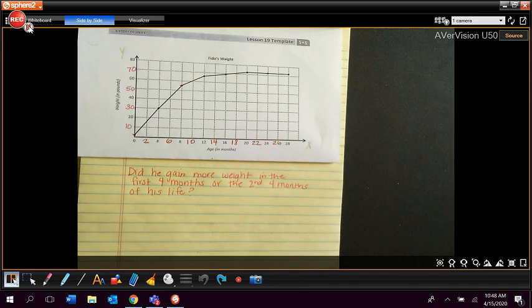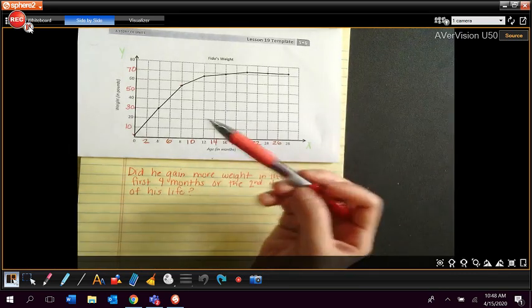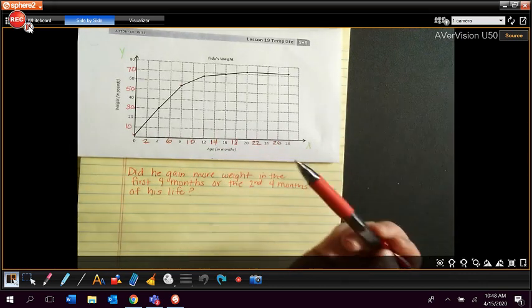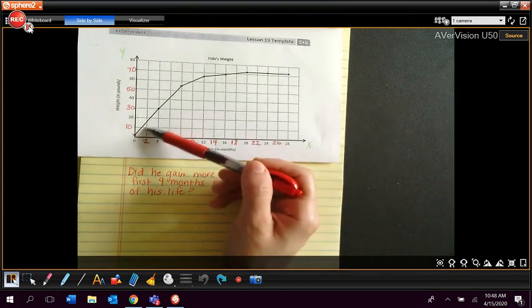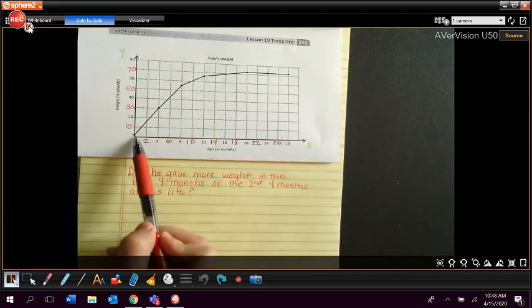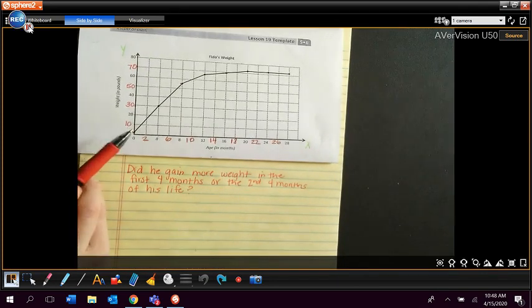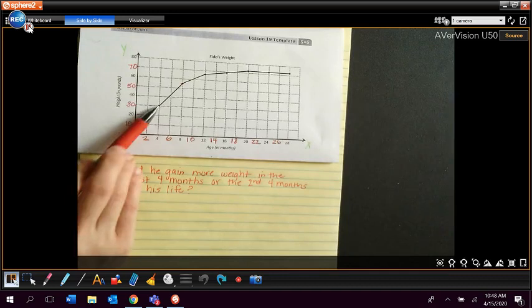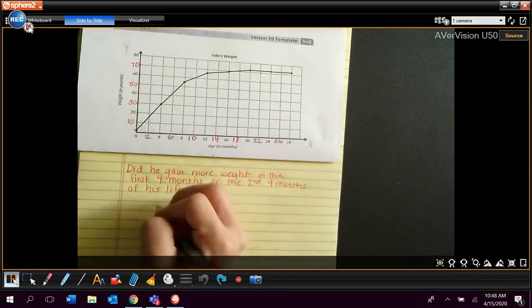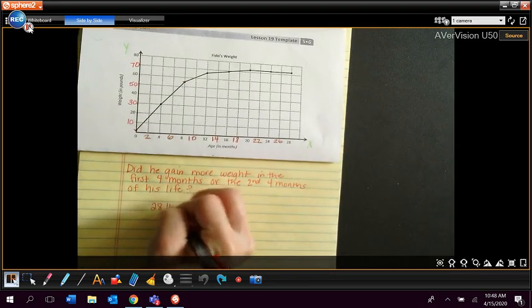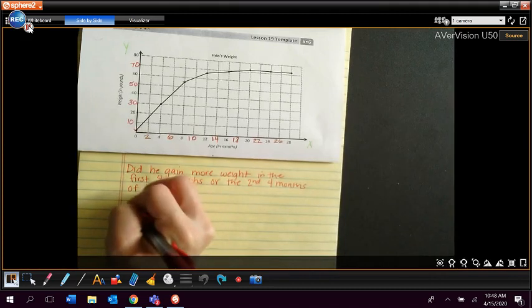All right, so for this one, think about it. If in the first 4 months, remember, when he was at birth, he was 2 pounds. So we're saying that he was 2 pounds. In the first 4 months, we know he gained 28 pounds. This was the first 4 months.